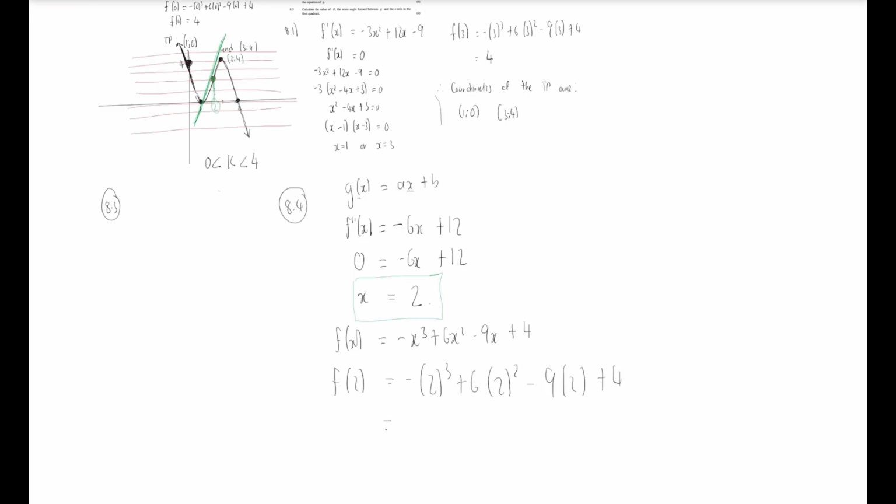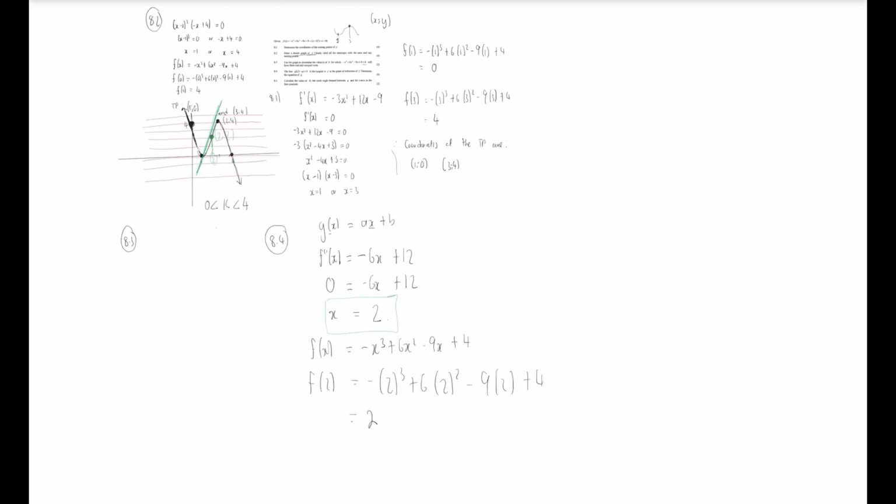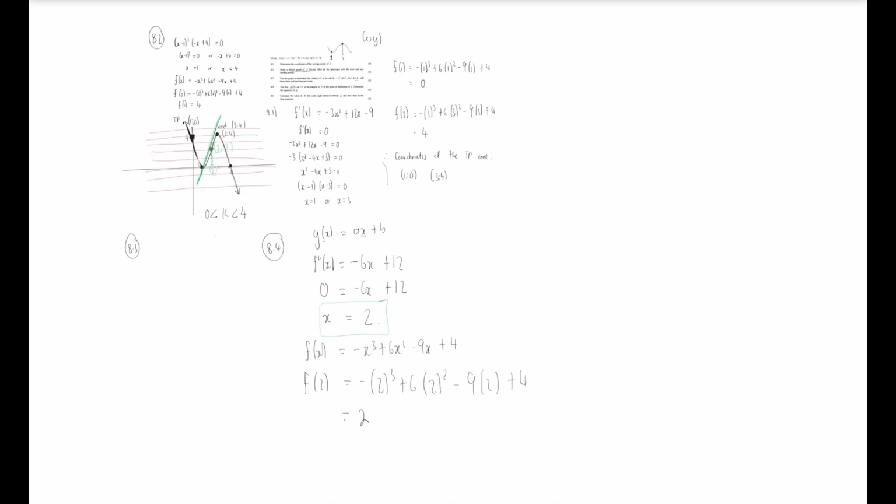And this gives me what? 2. Oh my gosh. So that means you have the point (2, 2). So our equation of g intersects the point (2, 2).